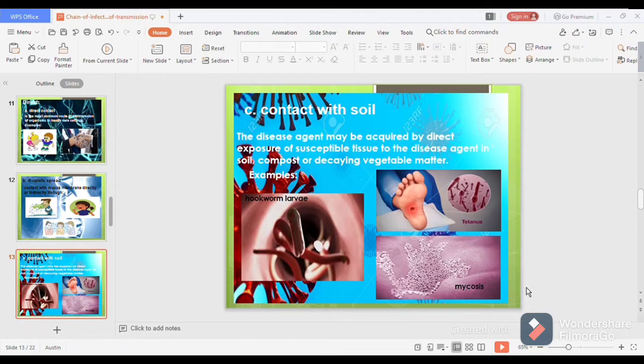And the next is mycosis. It is an example, kani siya kay natawag ni siya og kagid or kanang peklat na uga, and mas madali lang siya makapasok ang mga microorganisms.